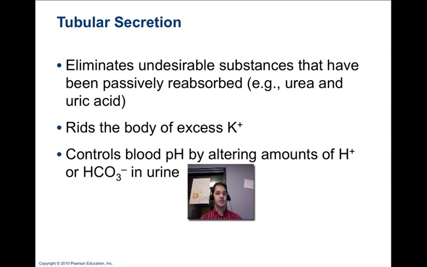Remember, just because of the diffusion gradients in the proximal convoluted tubule, we reabsorb some urea, so we can also actively secrete that. We can get rid of excess potassium and control blood pH by altering the amount of hydrogen ions or bicarbonate ions that are secreted in urine and removed from the blood.